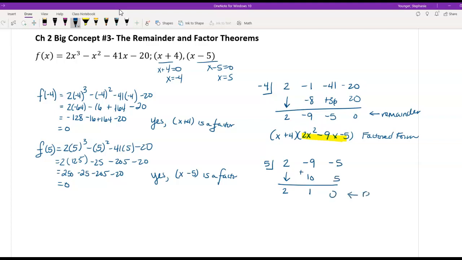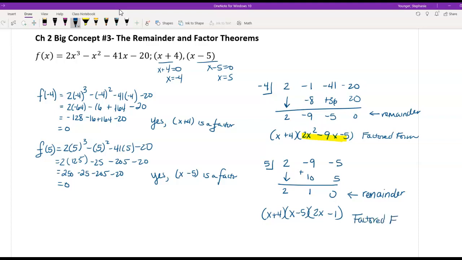I have a 0 remainder, which is awesome. All my work is working out the way I want it. So this becomes x plus 4, because we knew that was a factor. X minus 5, because yes, we just proved that was a factor. And then we have 2x minus 1.